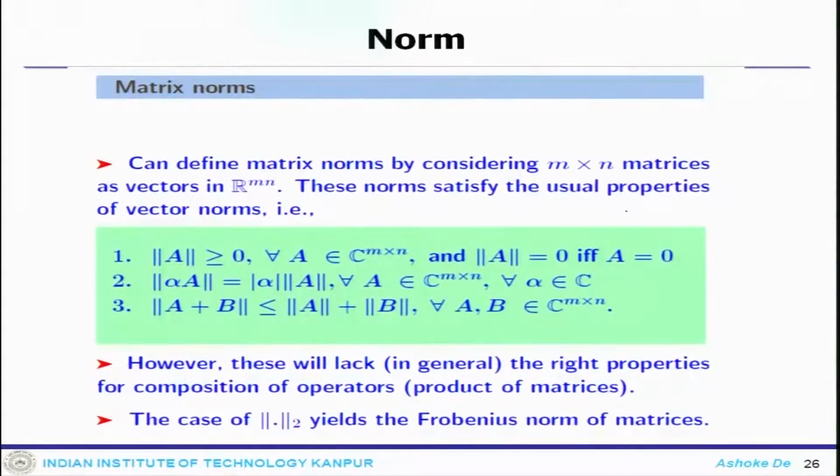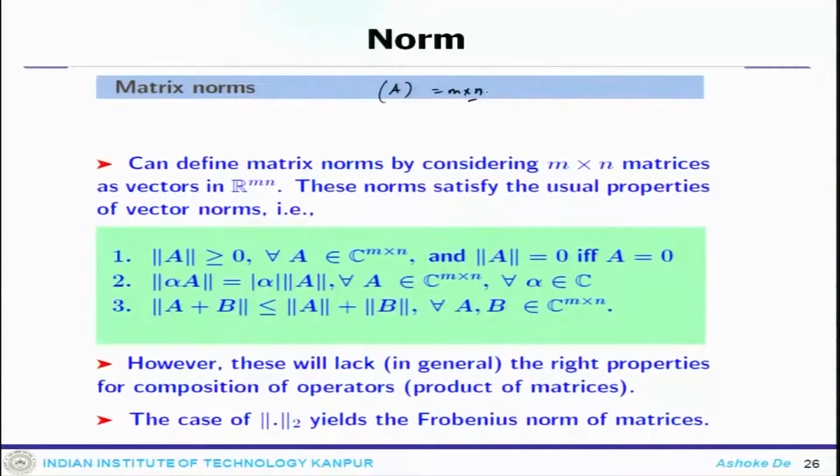Now, once we talk about vector norms, we come back to the matrix. Why? Because a matrix, an m by n matrix, is nothing but a combination of vectors, the matrix space being spanned by the column vectors and the row vectors.